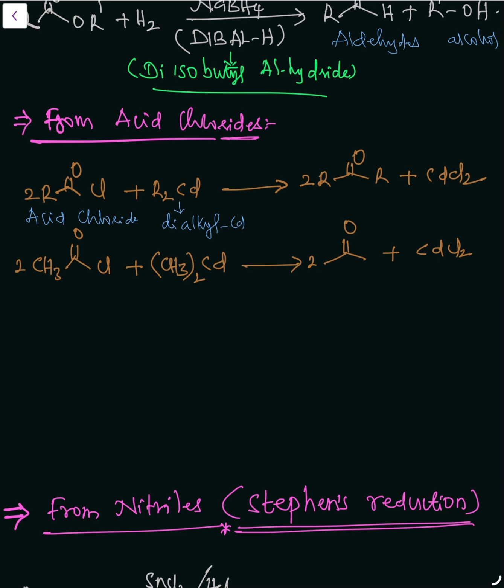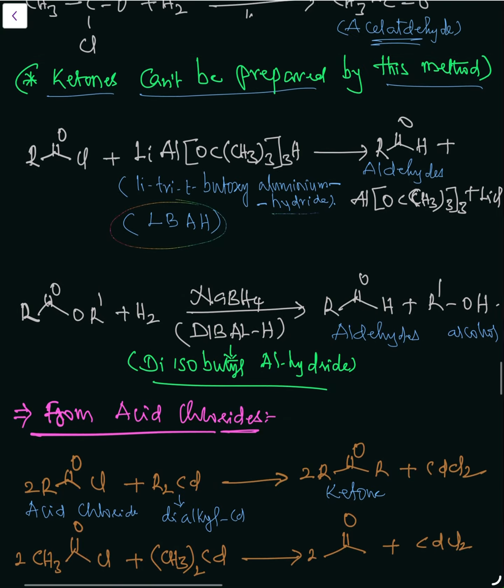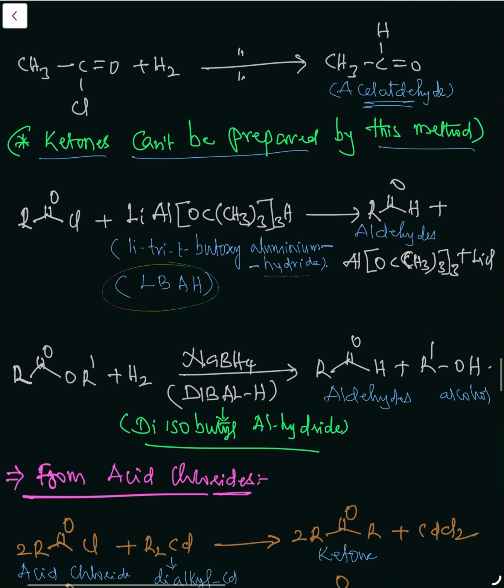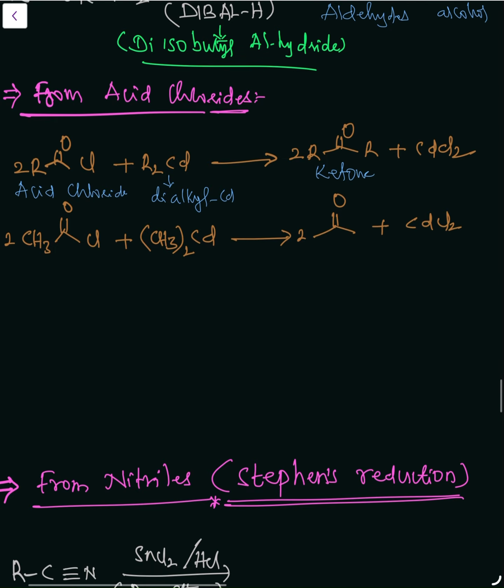When dialkyl cadmium is used exclusively, we are getting ketones. So this is ketone. In the previous one, only aldehydes we prepared by using Rosenmund reaction, but here ketones are prepared. Along with that, CdCl2, that is cadmium dichloride, is formed.